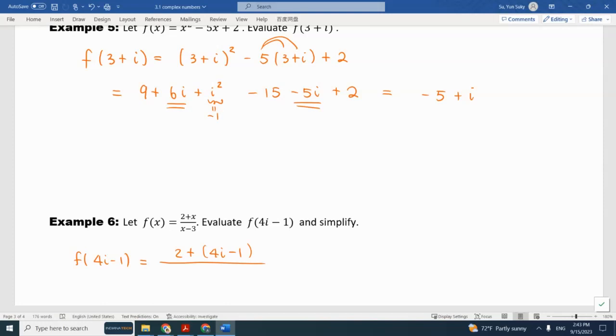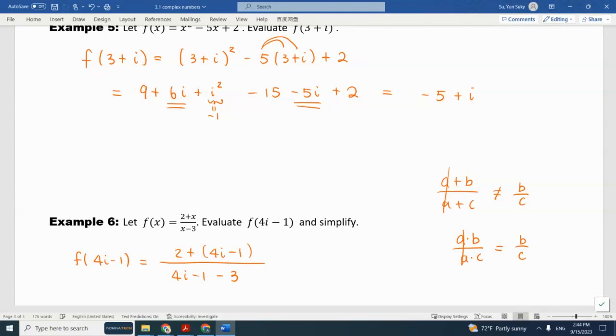Denominator: x. x is 4i minus 1. Because it's addition, we cannot cancel. Remember, a plus b over a plus c, we cannot cancel. So this is not equal to b over c. Cannot do that. But if you have multiplication, yes, you can cancel. But addition, you cannot cancel.